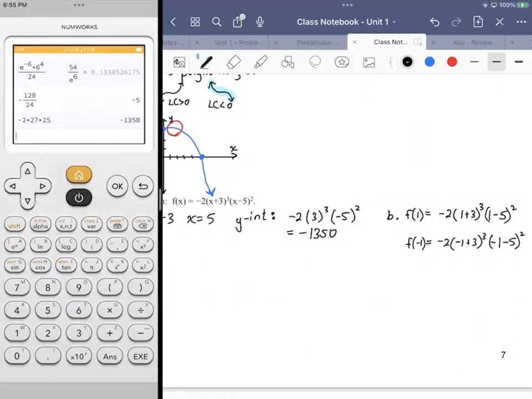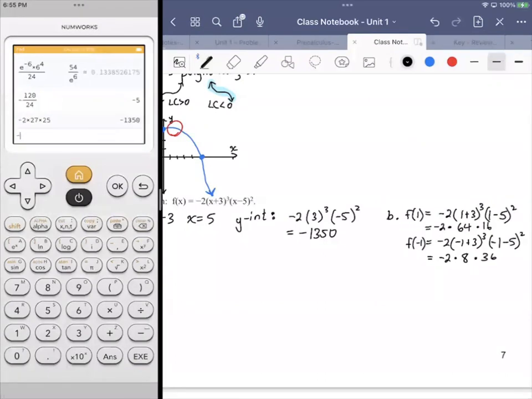All right, so we're looking at -2 times, this is 4 to the third power, which is 64, and then -4 to the second, which is 16. And then here, -2, then we have 2 to the third power, which is 8, and -6 to the second power, which is 36. So I just crunched those numbers real quick.